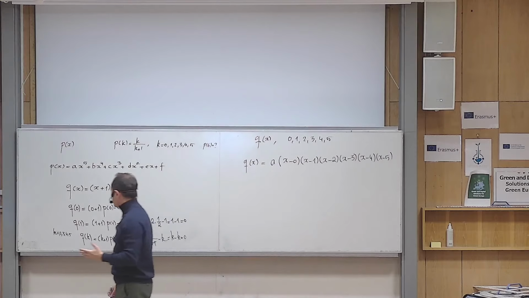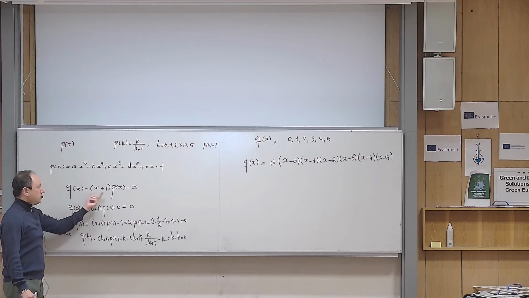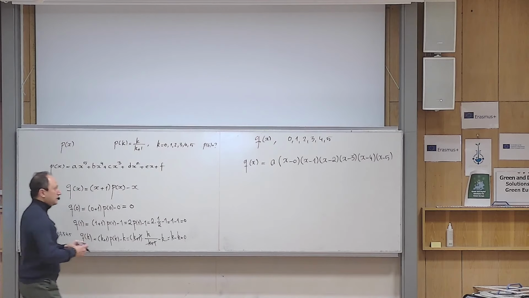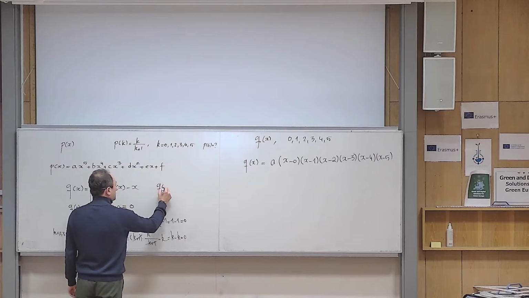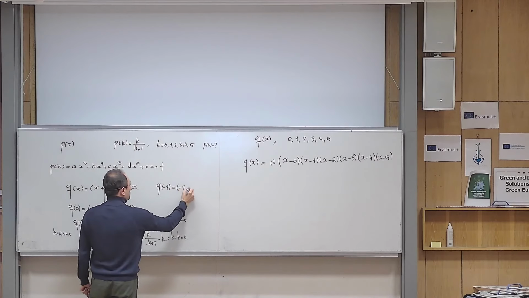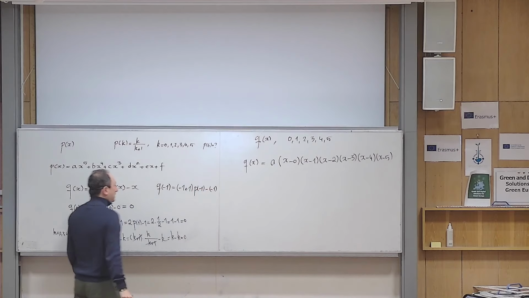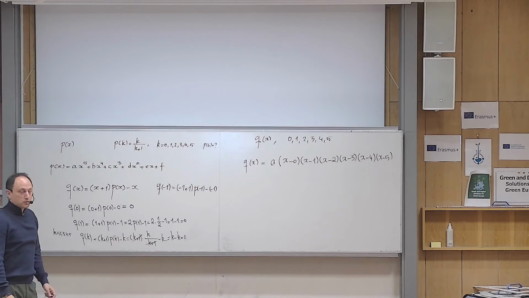It is very simple. Go back to the definition of q of x and replace x with minus 1 this time. If I calculate q of minus 1, what will happen? This becomes minus 1 plus 1 times p of minus 1 minus minus 1. I replace every appearance of x with minus 1.